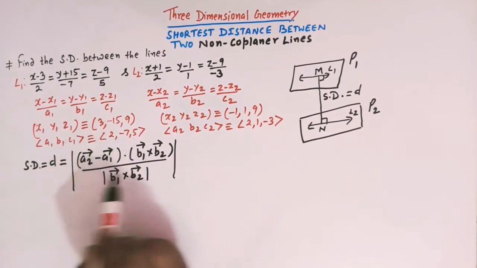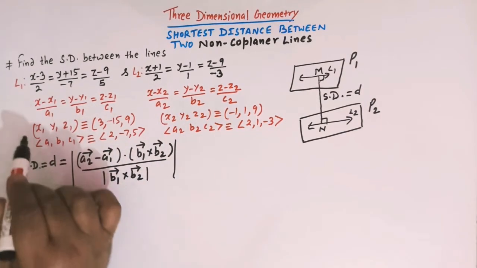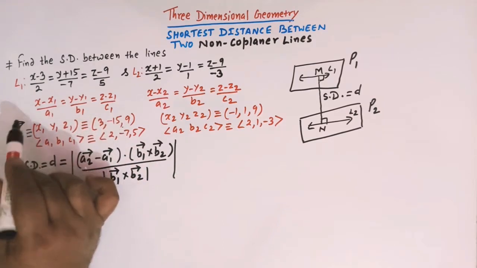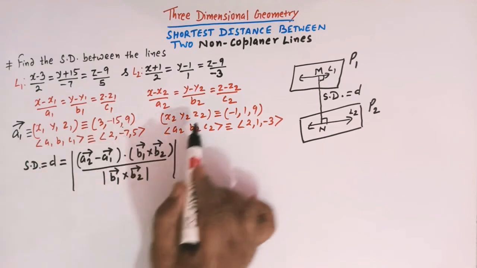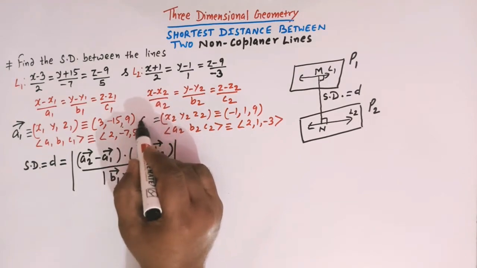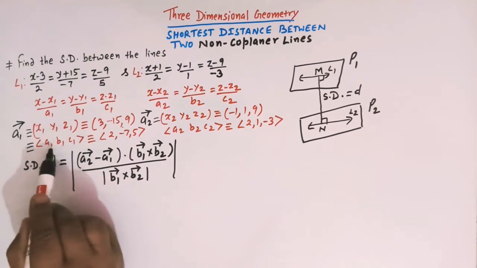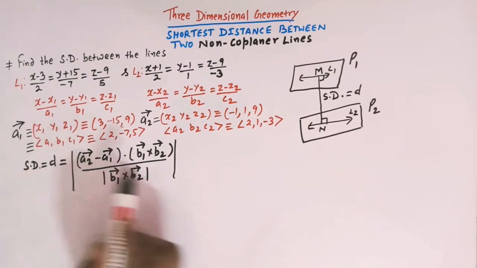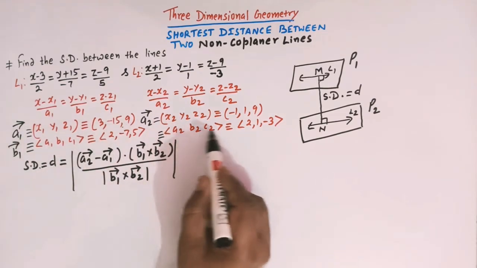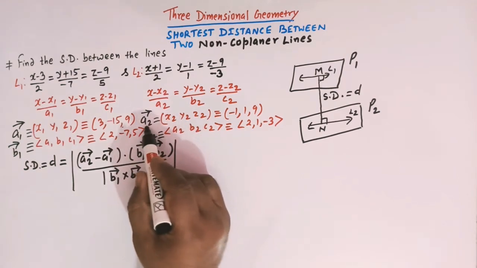Now if we see the standard notation, this vector a1 is given by these coordinates, right? And this point, that is x2, y2, z2, is given by the vector a2, and these direction ratios a1, b1, c1 are given by the vector b1, and these direction ratios a2, b2, c2 are given by the vector b2, right?